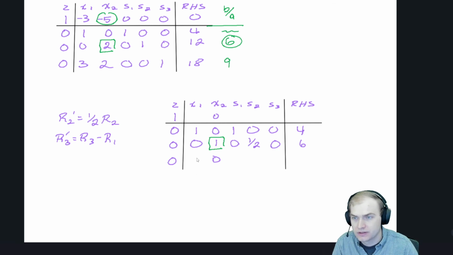Which is going to give us 3 stays there, a 0, a 0, negative 1, 1. 18 minus 12 is 6.